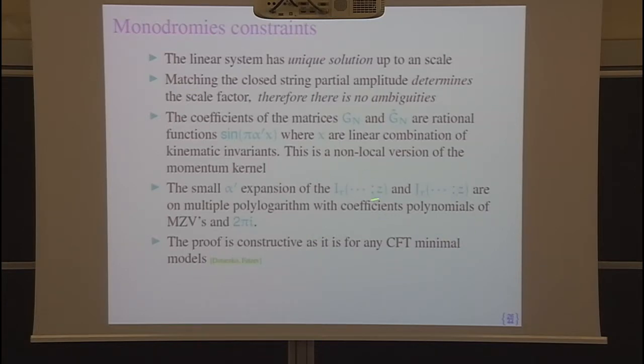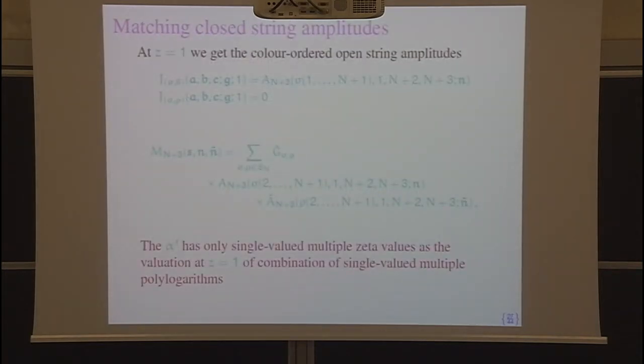The point is that because I put them together with this matrix J, my correlation function turns out to have only single-valued multiple zetas. So this is the idea of the proof. At z equal 1, the J basis is the open string amplitude with this ordering of the external legs on the boundary of the disk. And there are a lot of these integrals that just vanish at z equal 1.